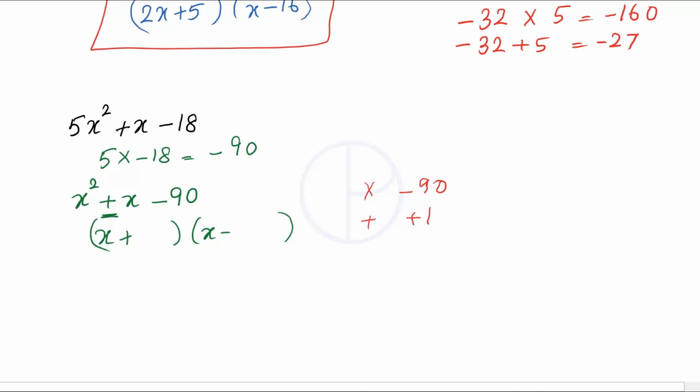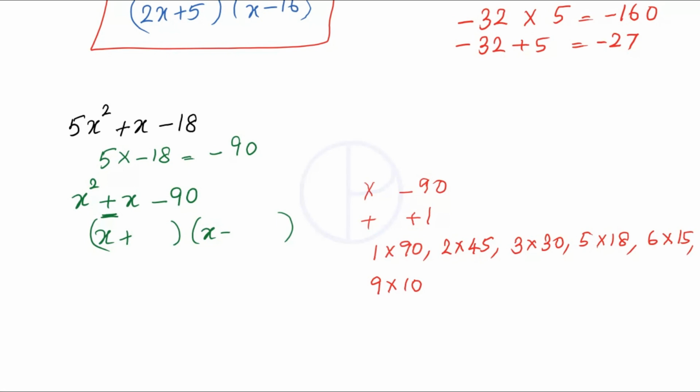Right, let's list the pairs that multiply to 90. 1 multiplied by 90, 2 multiplied by 45, 3 multiplied by 30, 5 multiplied by 18, and 6 multiplied by 15, then 9 multiplied by 10. So which of these pairs have a difference of 1? 9 and 10.